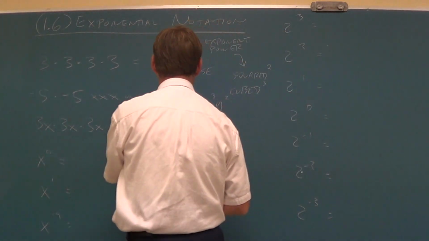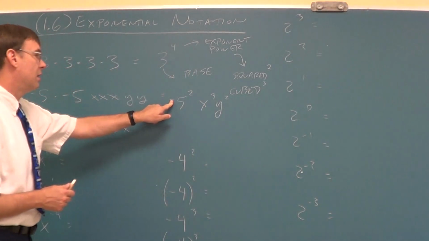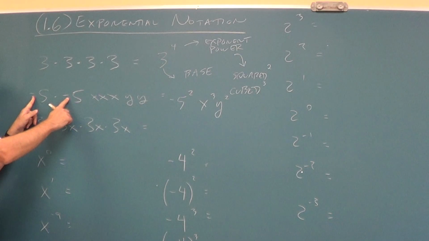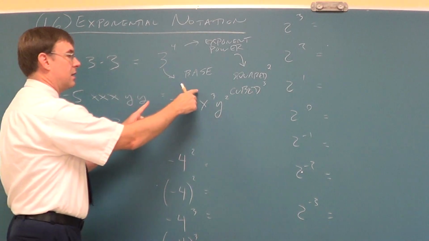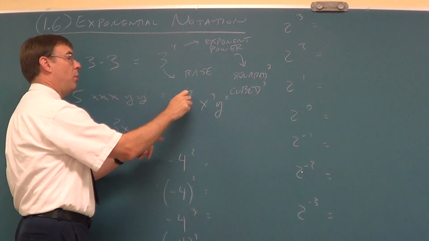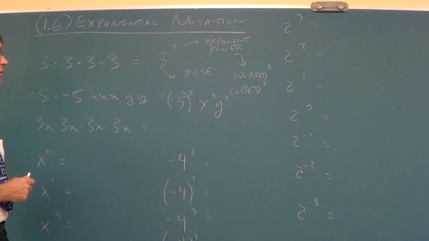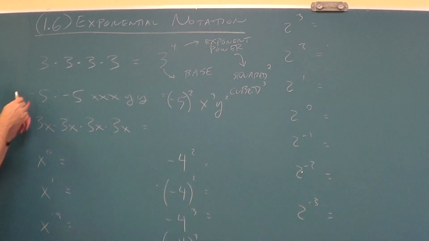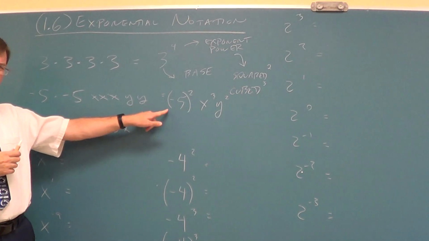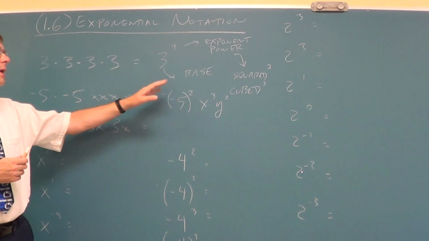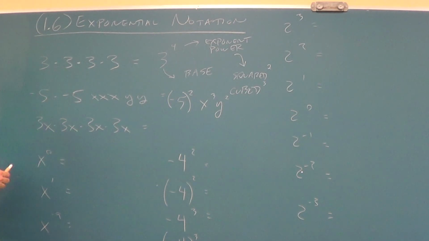If you just had this negative, that only accounts for this negative. To make the second power go with both the negative and the 5, you would need parentheses around the negative and the 5. So with just a lonely negative, would you need the parentheses? No. But if it's negatives repeatedly, then we need to get them in the parentheses.